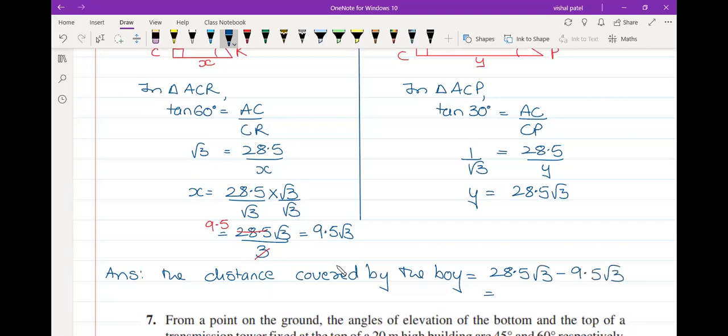Students, do this yourself. So it is 28.5 minus 9.5, that is 19 root 3 meters. Is this understood, students?